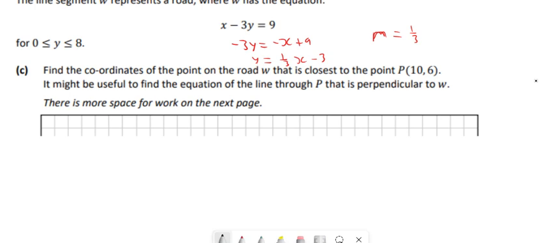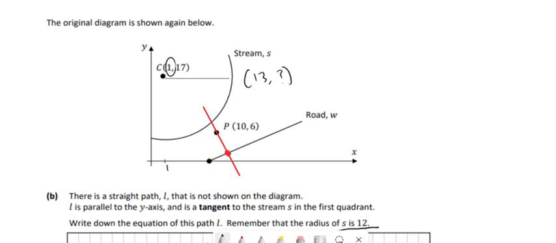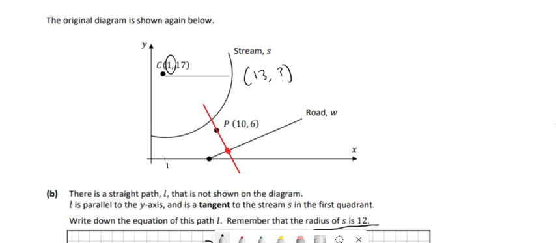Therefore, the slope of the line perpendicular to it, or the slope of the line through P that we want, is going to be minus 3. So that's the red line up there. The slope of the red line has to be minus 3 because we flipped the slope of the line W and changed the sign of it.